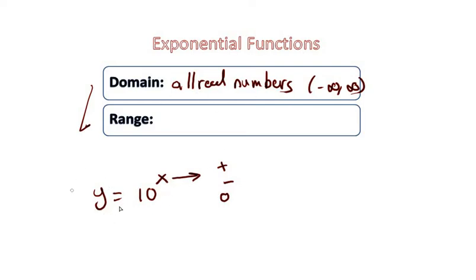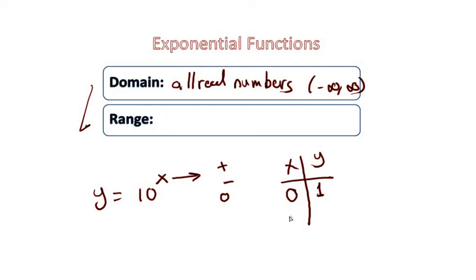What value of y do we get if we substitute x positive or negative or 0? If you substitute any number in x, you get a positive value of y. Let's try that for some numbers. If x is 0, 10 to the power of 0 is 1, then y is 1.